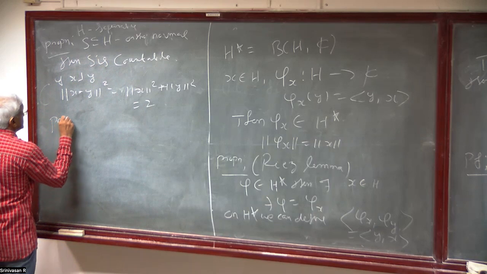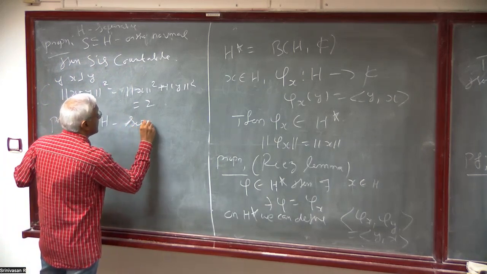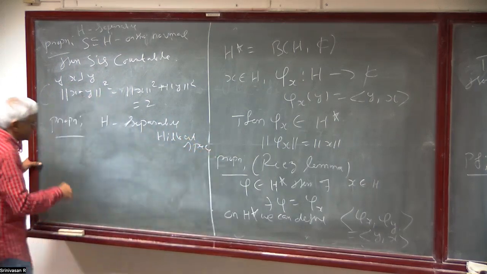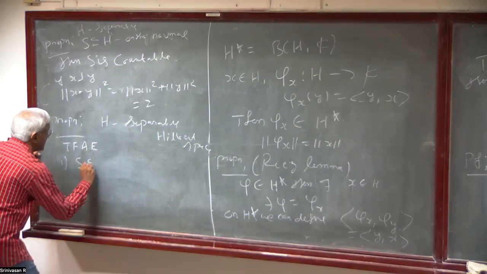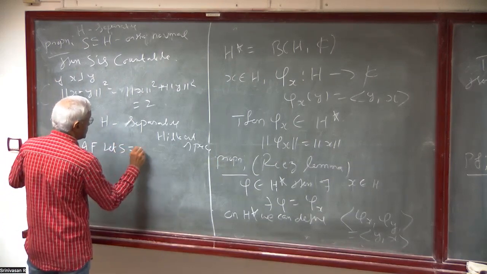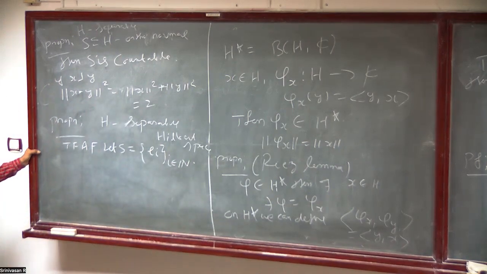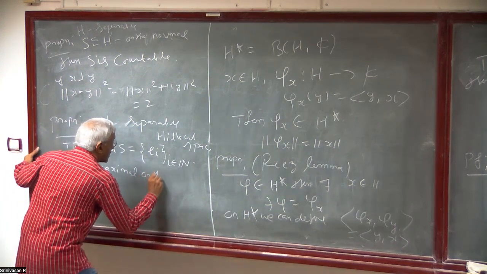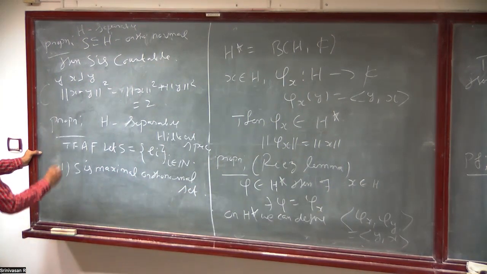So now the following are equivalent. One, S is a maximal orthonormal set, with S countable, say e_n.